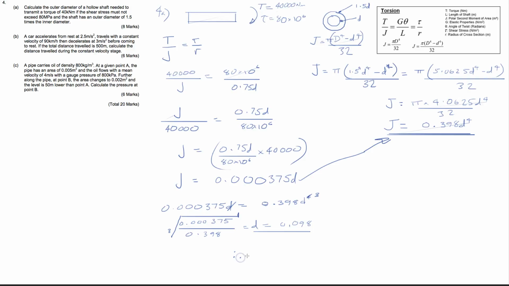Therefore, big D equals 1.5 little d, according to the question, which is equal to 0.147 meters, times it by 1,000 to get it in mil, which is equal to 147.05 millimeters.